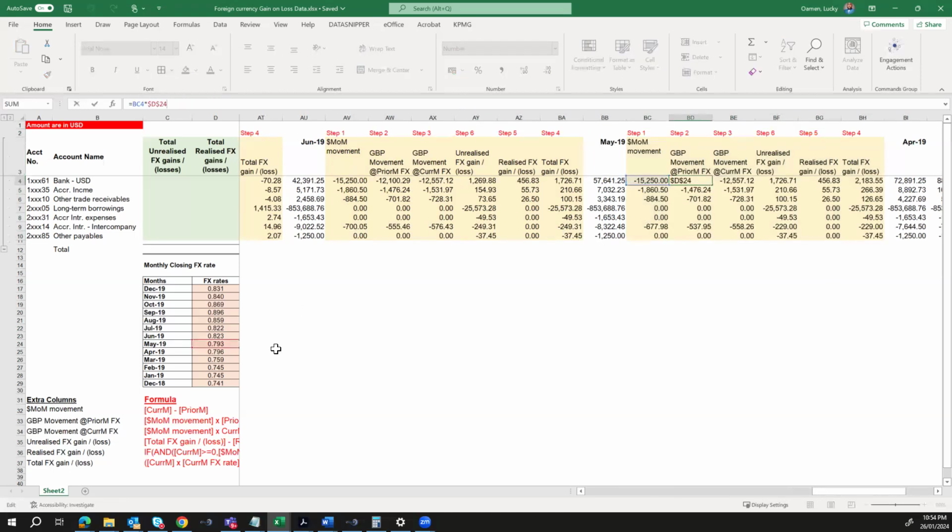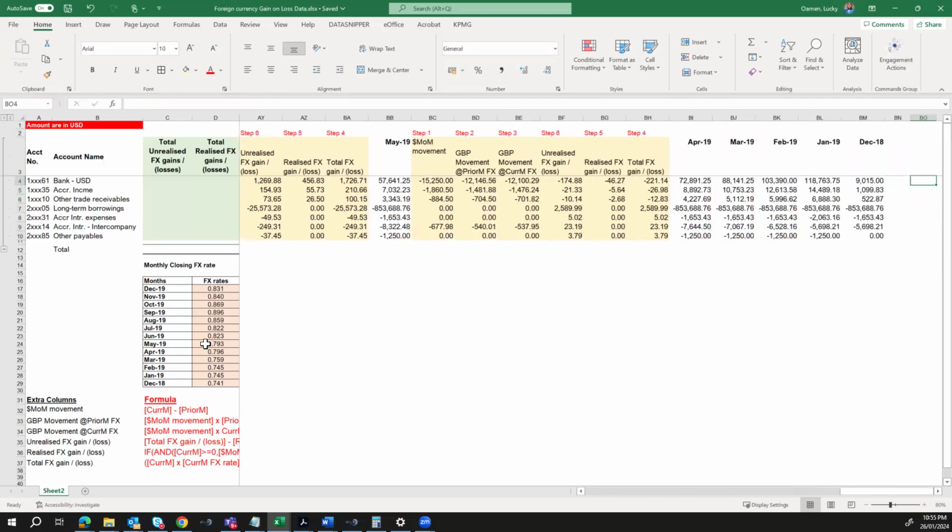Step 2, rates becomes April, previous month, and current month rate becomes May. Drag down. Then on step 4, May rate becomes April, and June rate becomes May. So drag down.